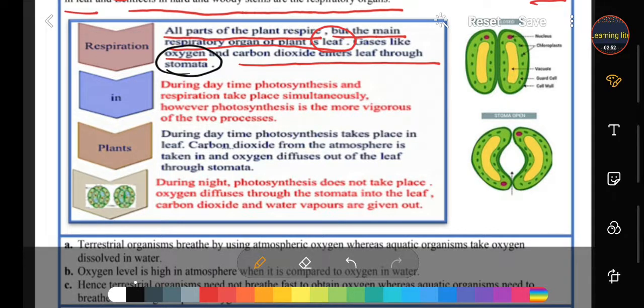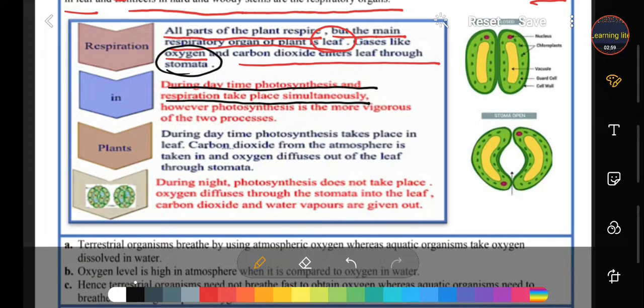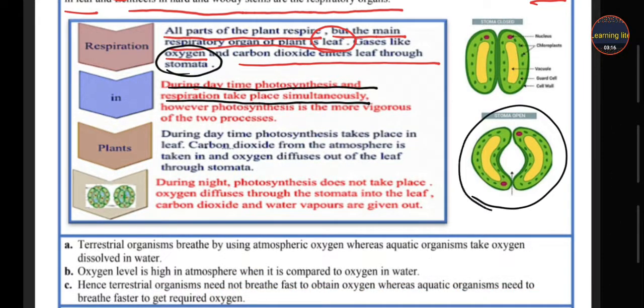During the daytime, photosynthesis and respiration take place simultaneously. Okay students, during the daytime when sunlight is present, plants perform two activities. First, food preparation, that is photosynthesis, and second is respiration. So in the daytime, respiration in plants occurs by the stomata.